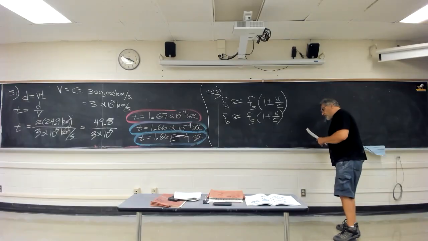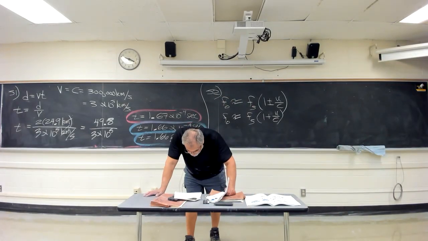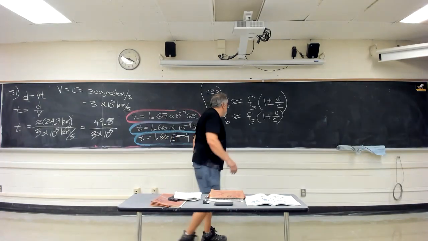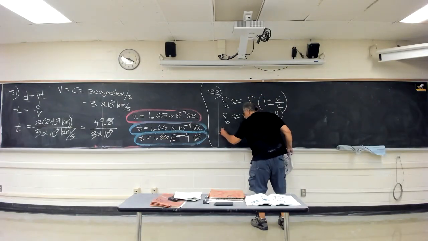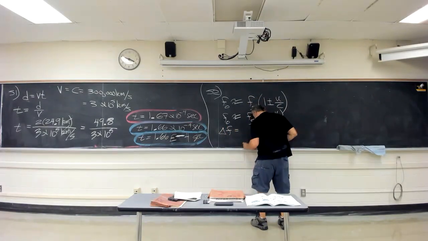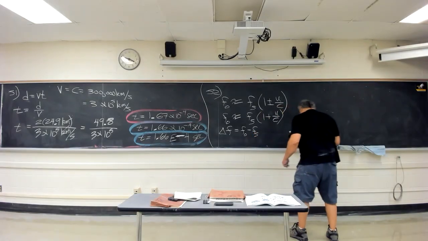They want to know the change: what relative change in frequency of the light from the star is seen by the observer. Well, let's see what the observer sees. We're looking at delta f. Delta f is going to equal f observed minus f_s.